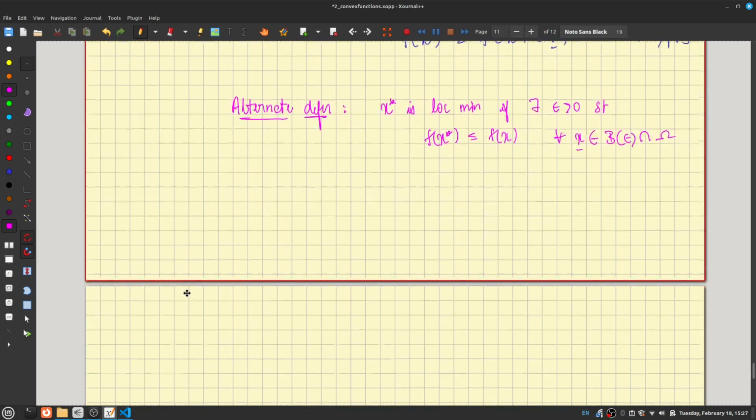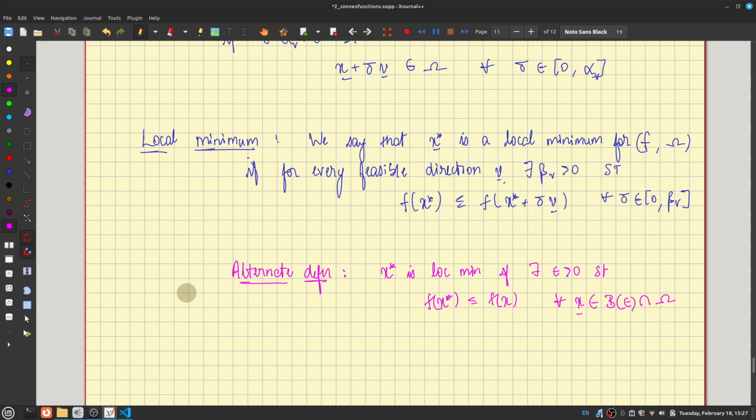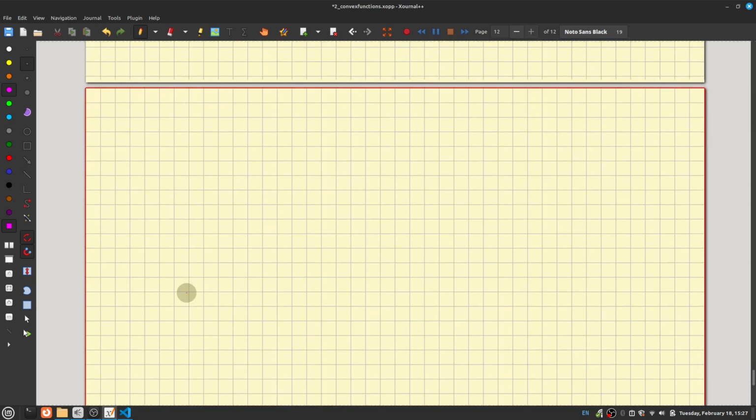So before we see conditions for a point to be a local minimum or not, in terms of the gradient, let's quickly recall some concepts that we require.